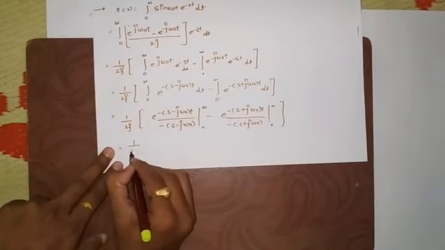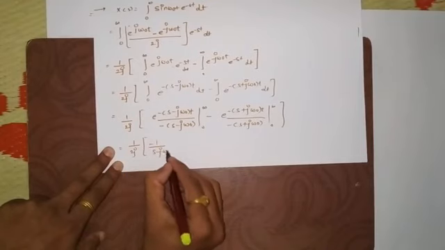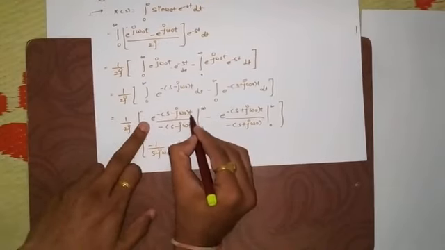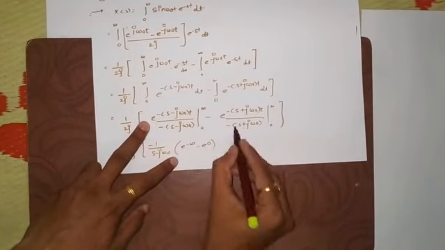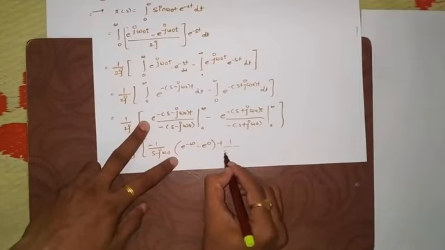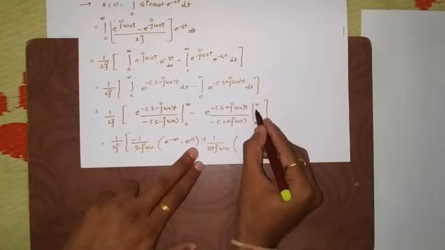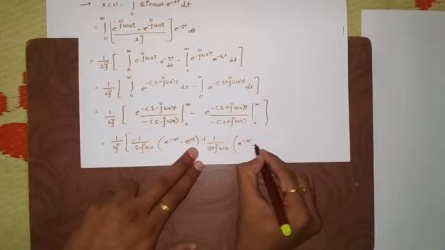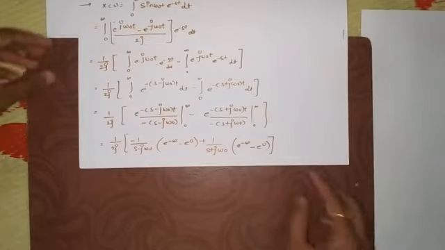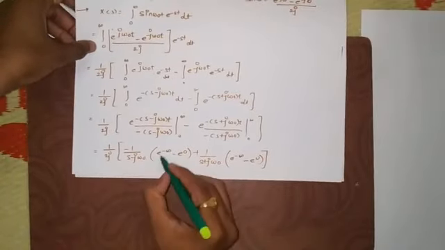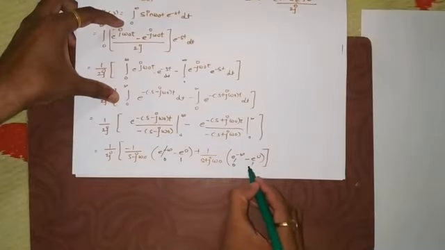In the next step, 1 by 2j as it is, this is minus 1 by s minus j omega naught into, with the upper limit infinity, e raised to minus infinity minus e raised to 0. This minus minus becomes plus 1 by s plus j omega naught, putting those limits, e raised to minus infinity and e raised to 0. With the same step, this is 0, this is 1, this is 0, and this is 1.